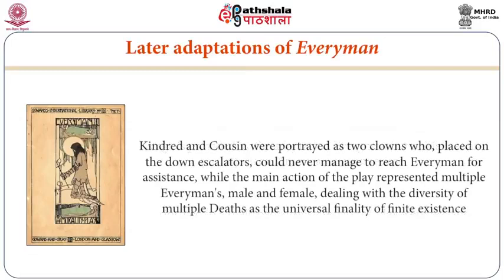Kindred and Cousin were portrayed as clowns who played on the down escalators and could never manage to reach Everyman for assistance, while the main action of the play represented multiple Everymans, male and female, dealing with a diversity of multiple deaths as the universal finality of finite existence.